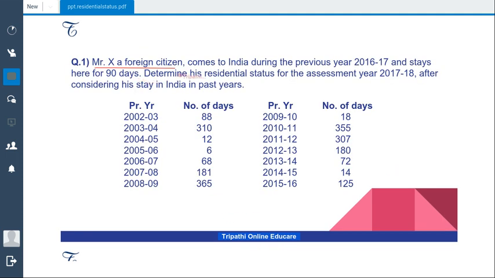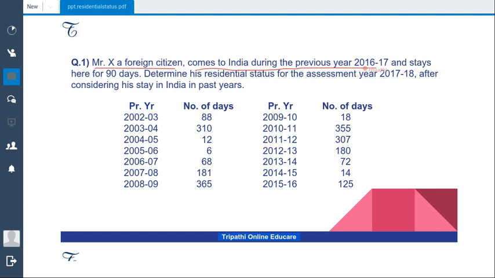So in this case, Mr. X is a foreign citizen. He comes to India during the previous year 2016-17. So 16-17 is our previous year. In this previous year, he is coming to India. And as he is a foreign citizen, exception to section 6 subsection 1 is not applicable to him.